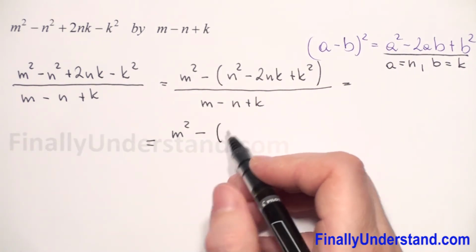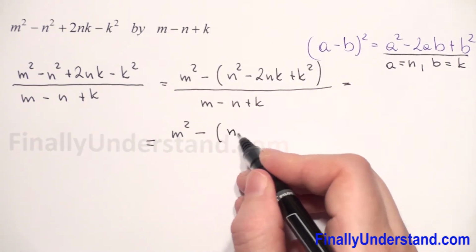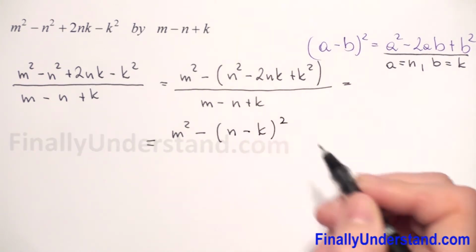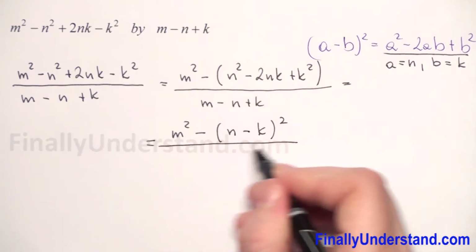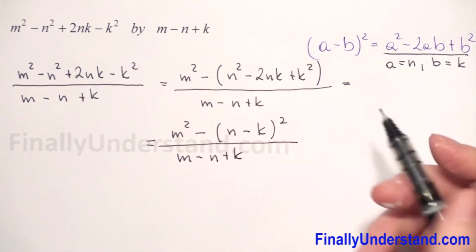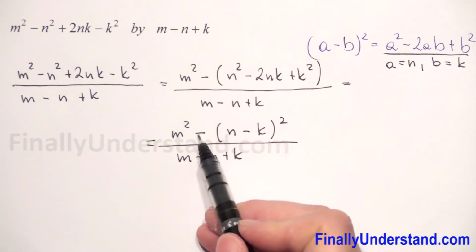In our example, a is equal to n, so we have n minus k to the second power over the denominator, which we copy. And again, we have a square and a difference.